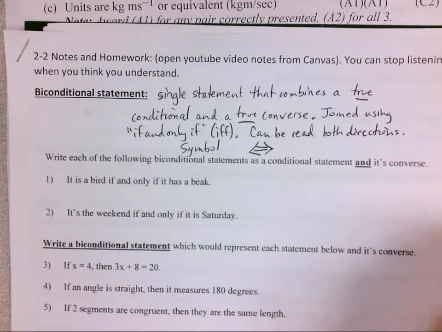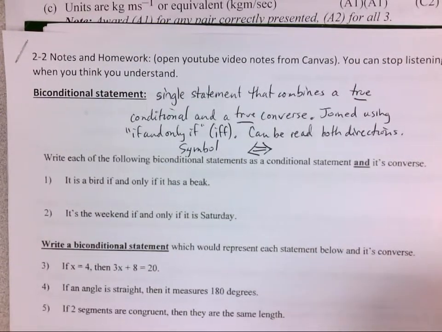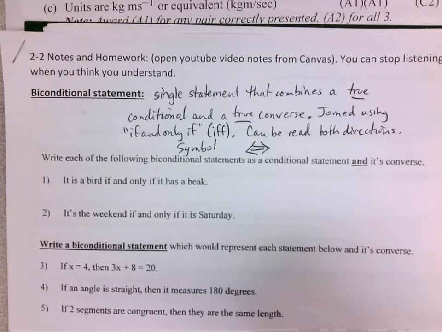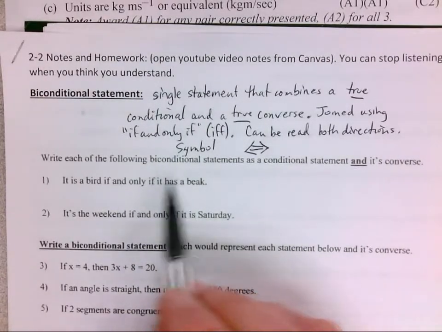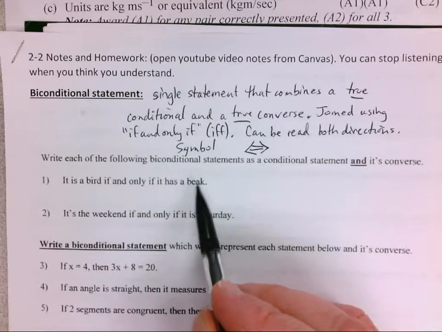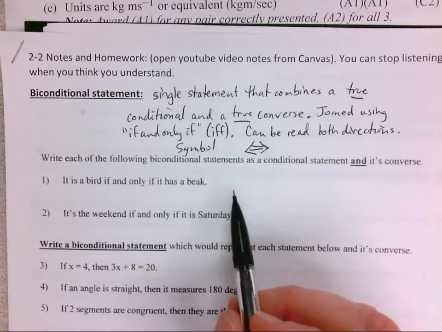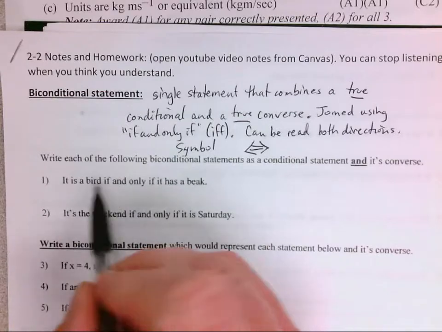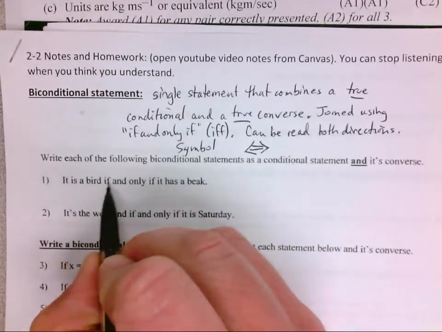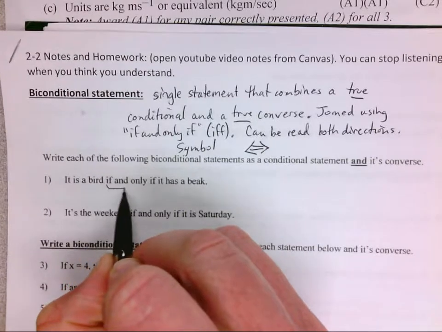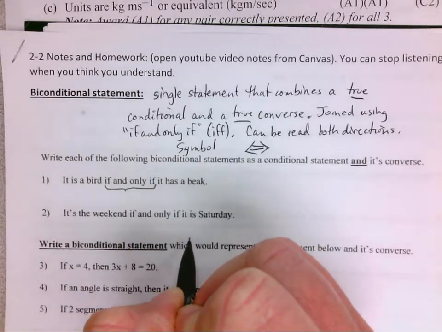And so the way we usually like to look at these problems is to write them out and then write the converse and see if both the statement and the converse are true. So if you look here, it is a bird if and only if it has a beak.